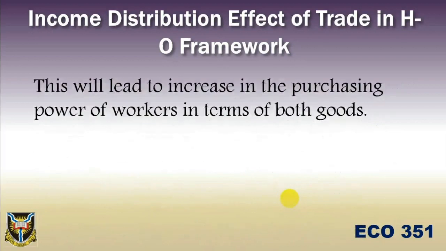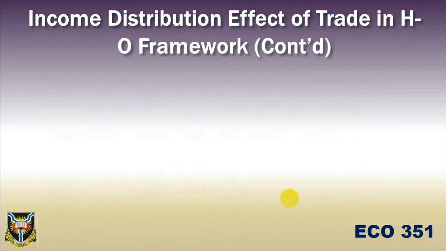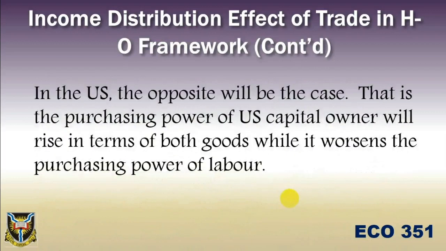This will lead to increase in the purchasing power of workers in terms of both goods. Conversely, trade will cause the price of computers to fall in Nigeria and hence worsen the purchasing power of capital owners. In the US, the opposite will be the case. That is, the purchasing power of US capital owners will rise in terms of both goods, while it worsens the purchasing power of labor.